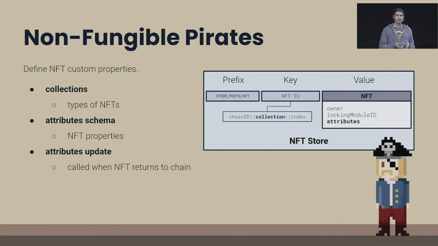Then we have to specify the schema for the attributes property of the NFT. Each NFT has the properties that are indicated here: the owner, the locking module ID. We don't care about those for the moment, and the attributes. Here we store the properties that we need for the custom logic. And finally, we have to specify a function to update these properties when the NFT returns to our piracy chain.